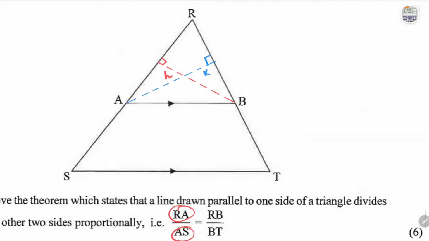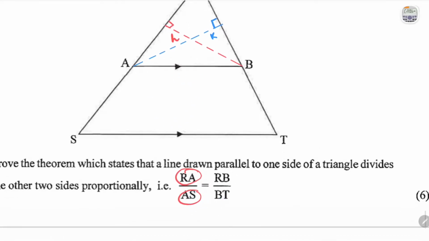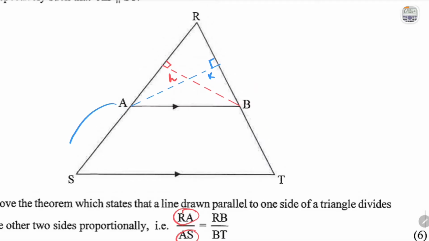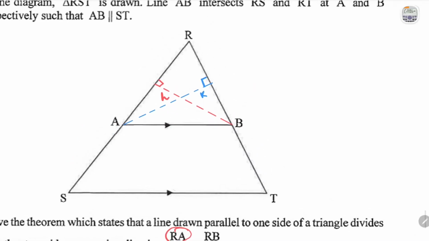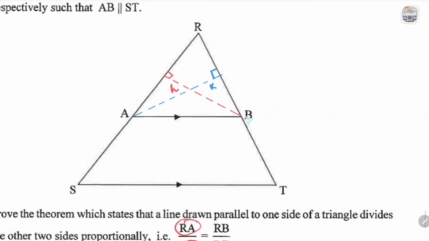Now we're also going to use some triangles down here, because we have AS and BT. We're going to look at AS as the base of a triangle, but the triangle we draw here is by joining B and S. If we join these two as construction lines, you see how that forms a triangle with the base AS, but it has the same height as the triangle over here with the base RA.